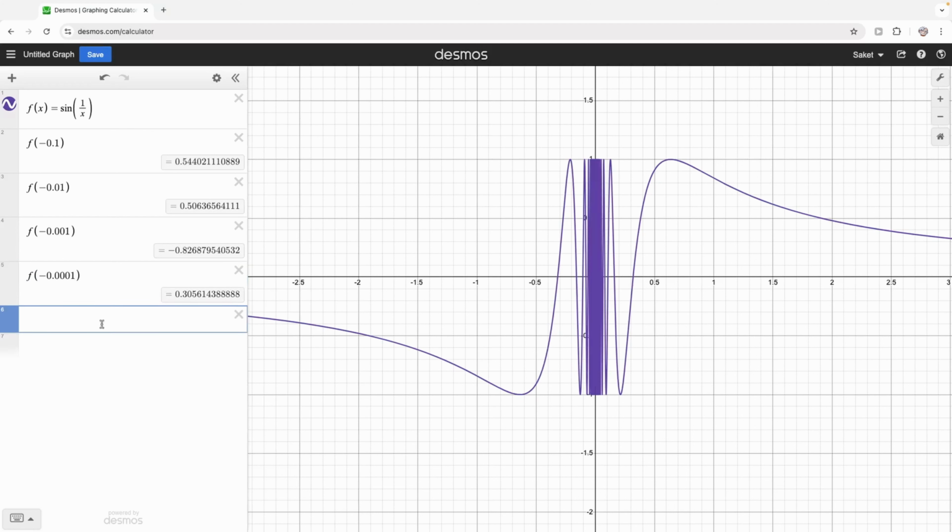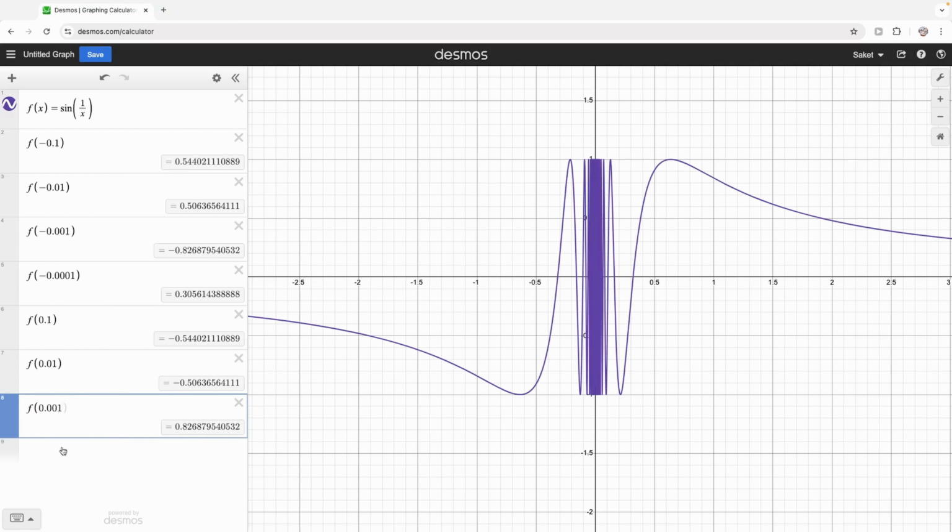Then we'll do the same thing for the right hand side: f of 0.1, then f of 0.01, then f of 0.001, and finally f of 0.0001. Okay, now let's record this back on the iPad.